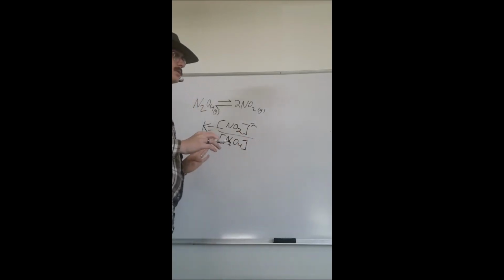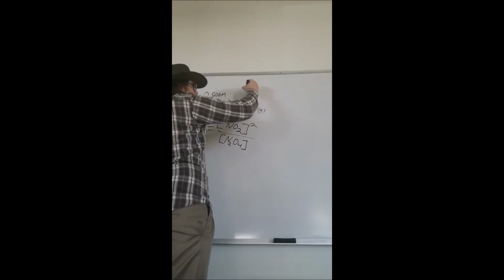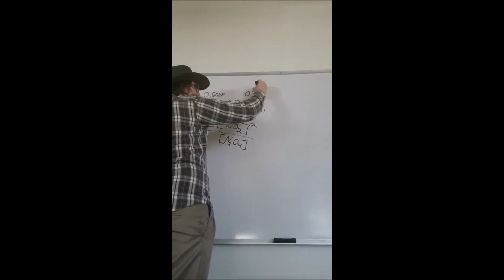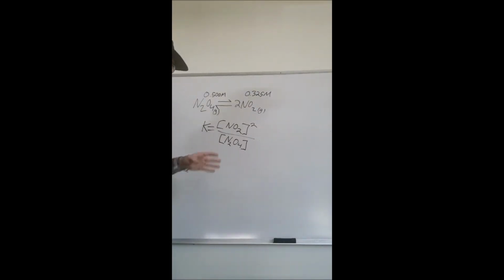So what do we need to solve? Well, what if in the situation at equilibrium, the concentrations of all involved molecules are 0.5 and 0.325 molar? What will we do? We've written our K expression, we have our relative concentrations, we will plug them in and evaluate.